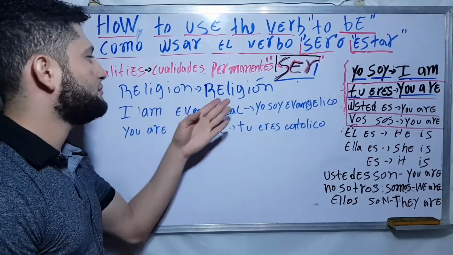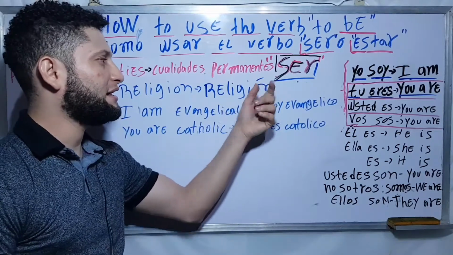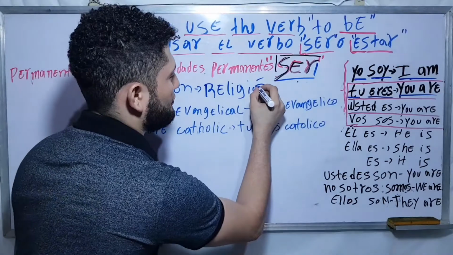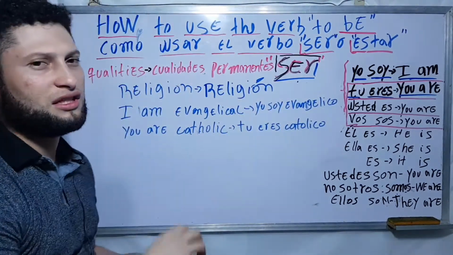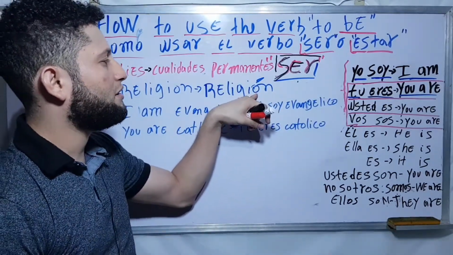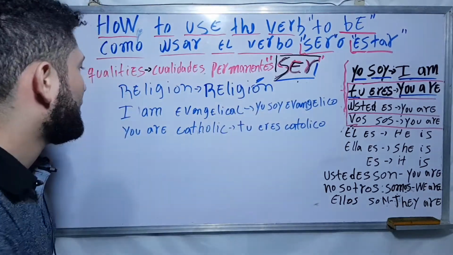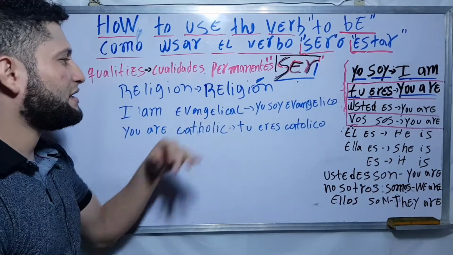So religion, religión, with this particular tilde in Spanish. This is not just a line or something like this. This is a tilde in Spanish. The stress is here, on the letter O and the letter N. Religión.